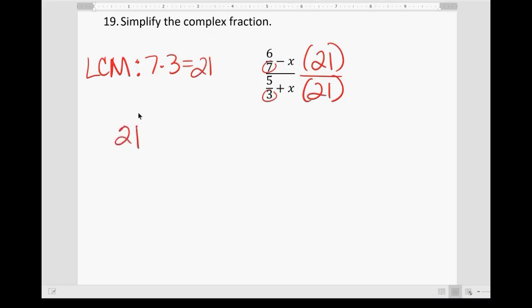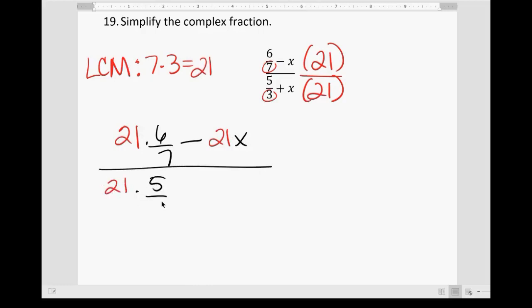So basically we have 21 times 6 over 7 minus 21 times x over 21 times 5 over 3 plus 21 times x.